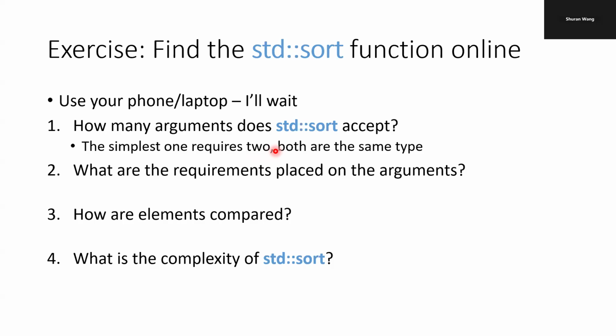And specific to the sort function, does the sort function require the iterator to be random access or bidirectional or incremental? You can search for the sort function and it has it there.